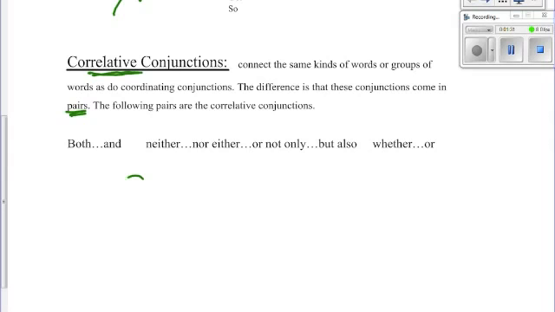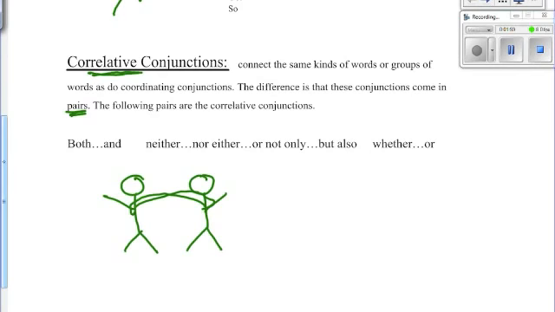So when I teach these, I say that they're like relatives, cousins or brothers and sisters, and they have to go together. So when you find one, the other one will be there. So I draw relatives with their arms around each other to show that they belong together. So here we have both and, neither nor, either or, not only but also, and whether or.